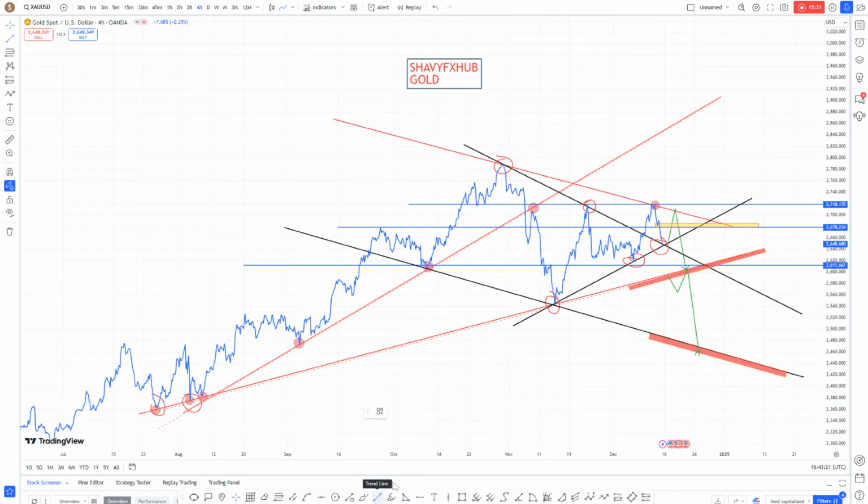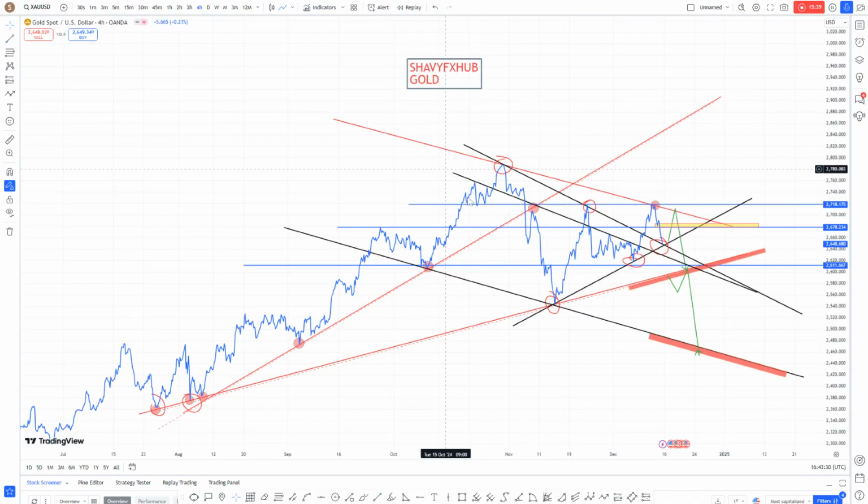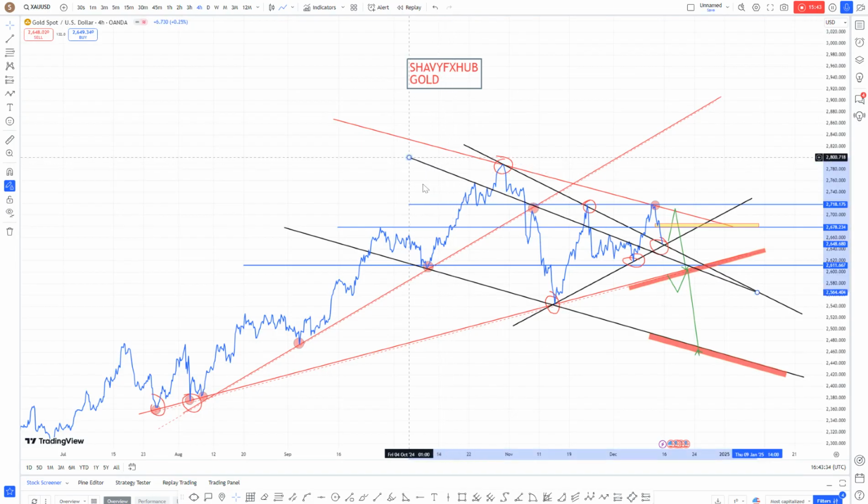Then we have another breakout from a descending trend line, which is also another strong 4-hour price action. This coincides completely with the 2,600 level retest. Look at the structure: a resistance structure broke, price retested based on the breakout from the ascending trend line.